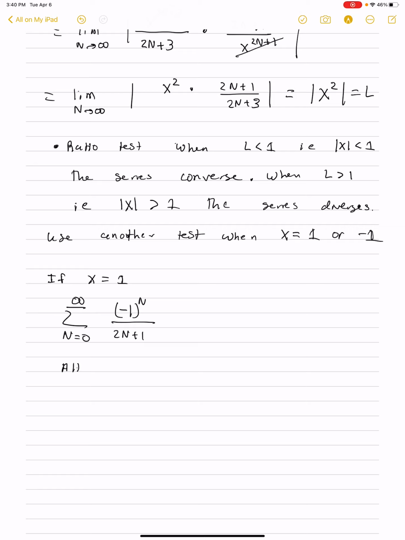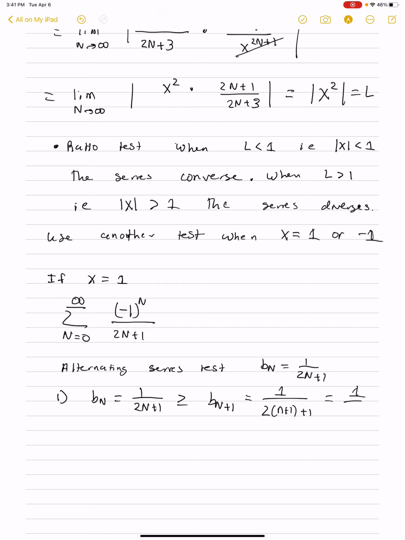We're going to use the alternating series test with b sub n equal to 1 over 2n plus 1. The first thing that we're going to check is, hey, b sub n, this is 1 over 2n plus 1, and that's bigger than or equal to b sub n plus 1, which is going to be 1 over 2n plus 1 plus 1, which is 1 over 2n plus 3.